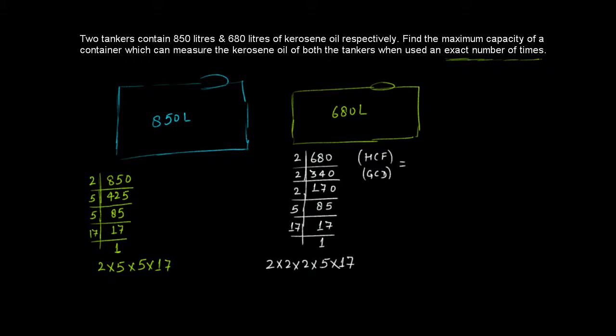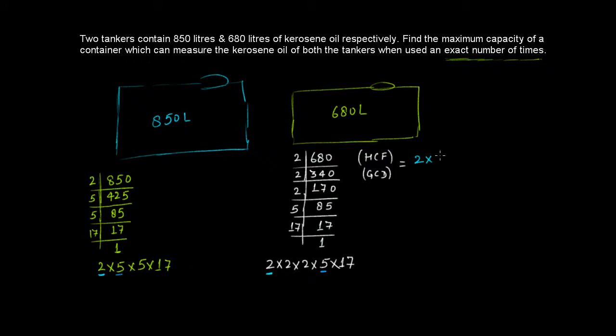You can see that 2 is here and 2 is here, right? And since this has 3 times 2, but this has only 1 times 2, therefore you will take it 1 time. Then you have 5 here, and 5 here. In this case, you have 5 only 1 time, here you have 2 times.